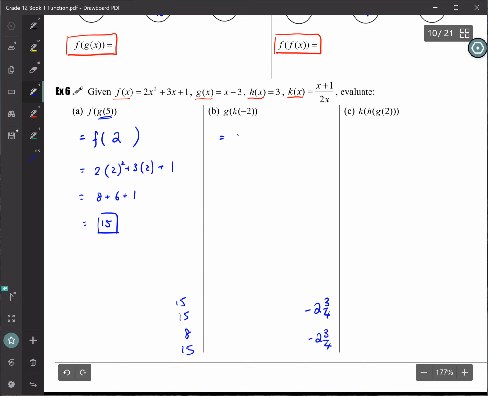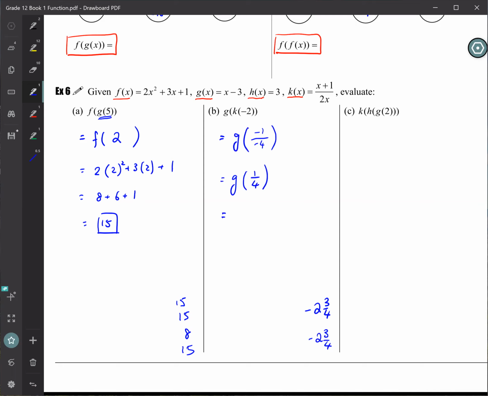So let's quickly go over that. Okay, we start with k, right? K of -2, so I'll do it on the side. -2 plus 1 is -1, over 2 times -2, so that will give you -4. So g of -1 over -4. Simplify that into 1/4. And then we need to put 1/4 into the g.